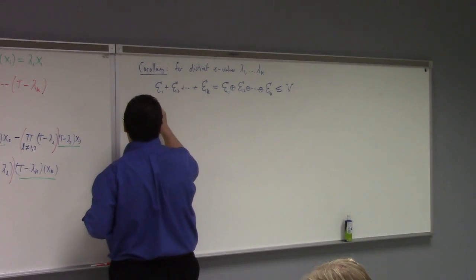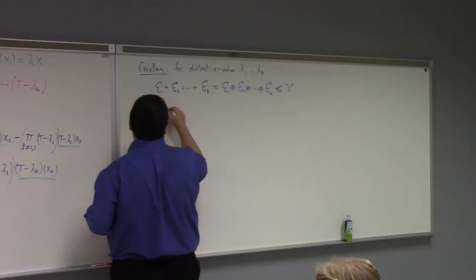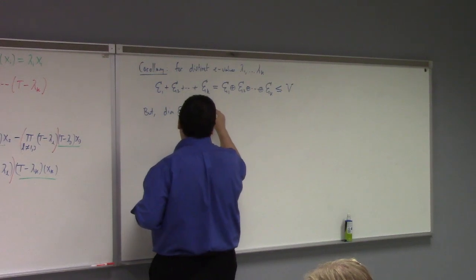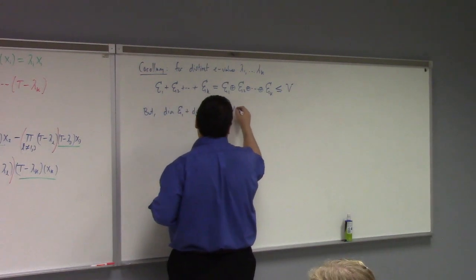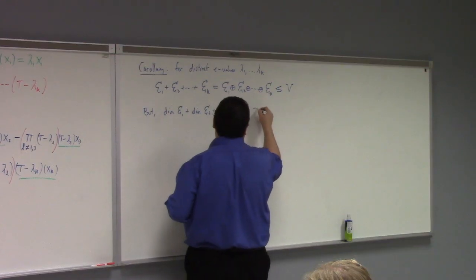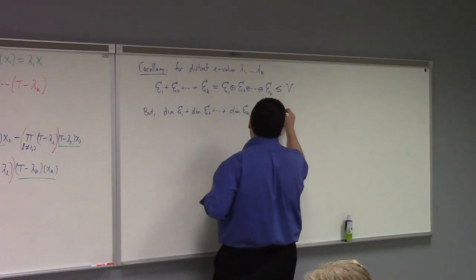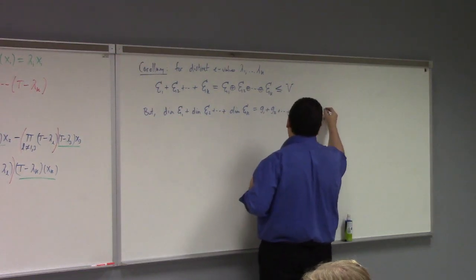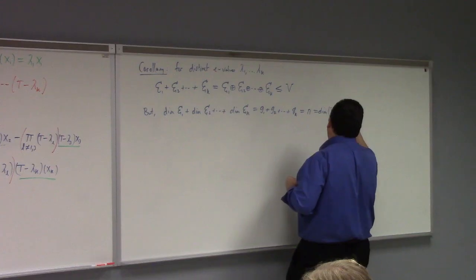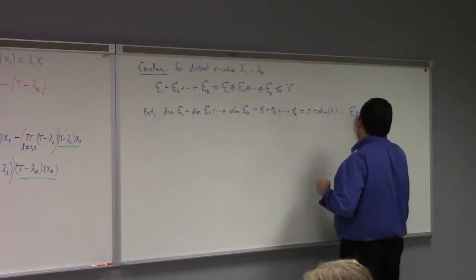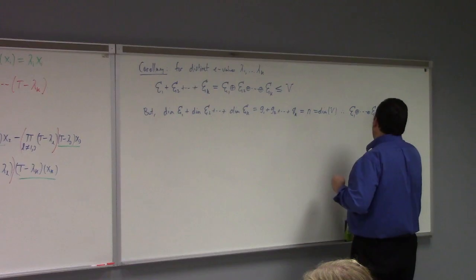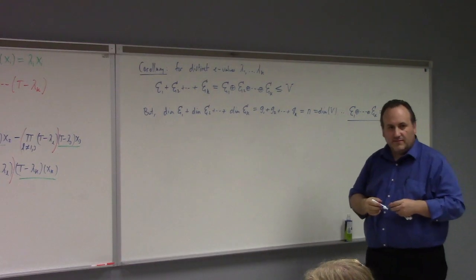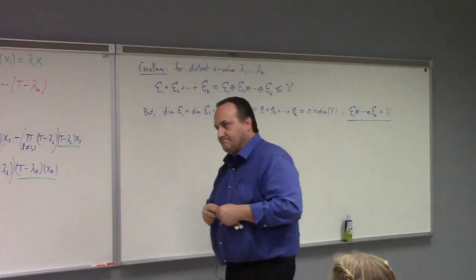We've assumed that the dimension of E1 plus the dimension of E2 plus the dimension of EK, which respectively is G1 plus G2 plus GK, is equal to n, which is the dimension of V. Therefore, for us, E1 direct sum EK must be the whole vector space, because we've got a subspace of the dimension of the vector space, therefore it's the whole space, right?